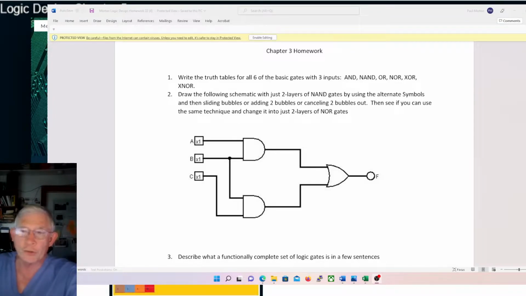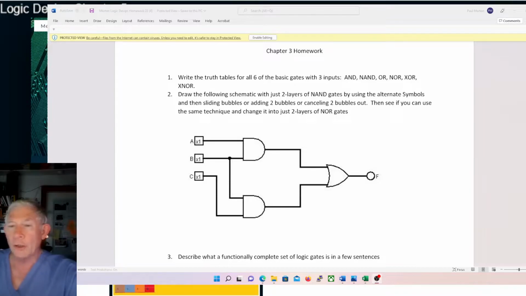The answer is no, you can't turn it into NOR unless you first convert this into a POS form. Right now this has an input layer of AND gates and an output OR gate. That is SOP form: 2 layers, input AND gates, one output OR gate. You're summing up with the OR gate the product terms, the AND terms. So the answer to the second part is no, and that's really all you have to say.